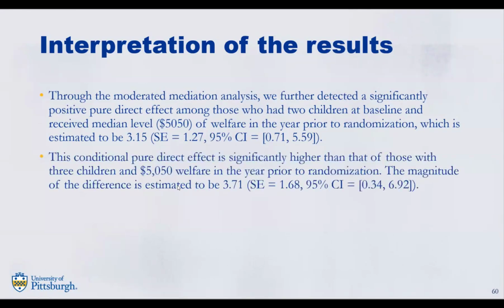And this conditional pure direct effect, so I begin from the conditional effect and then talk about the moderated effect, is significantly higher than that of those with 3 children and the median welfare in the year prior to randomization. The magnitude of the difference is estimated to be 3.75 of the 71, which is significant.